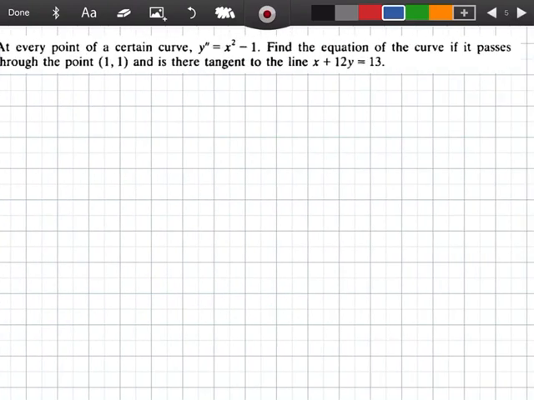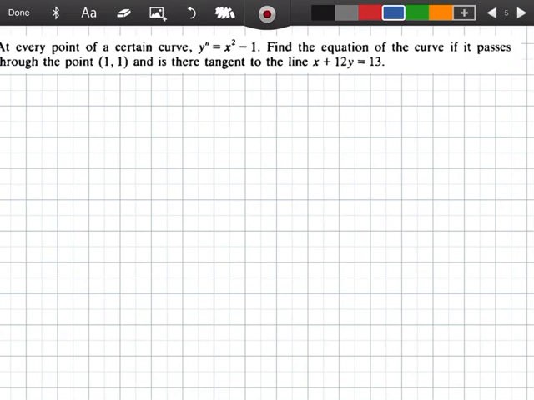Next problem. At every point of a certain curve, y double prime is equal to x squared minus 1. Find the equation of the curve if it passes through the point (1, 1) and is tangent to the line x plus 12y is equal to 13. So, there are many requirements.